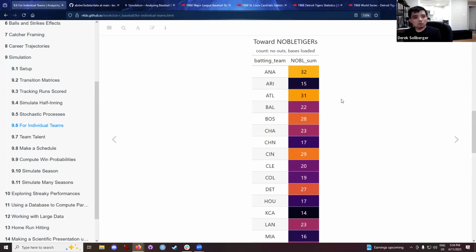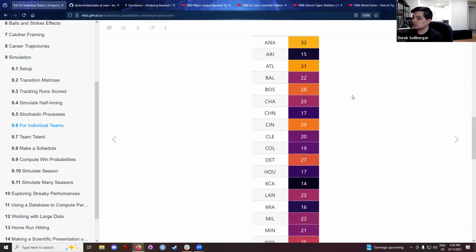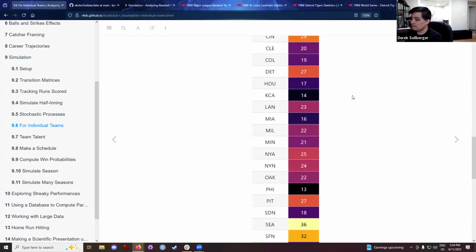But in particular, I wanted to show this situation to say that between the baseball teams in encountering each state, you can have a lot of variance. You can have some teams achieving these states much more often than other teams. Some teams have a lot of offense, some teams have little offense, relatively speaking.